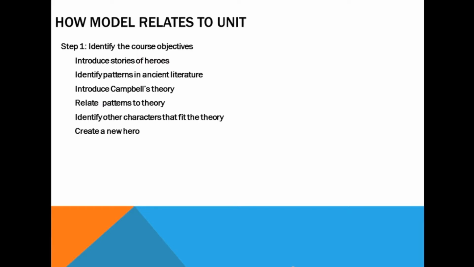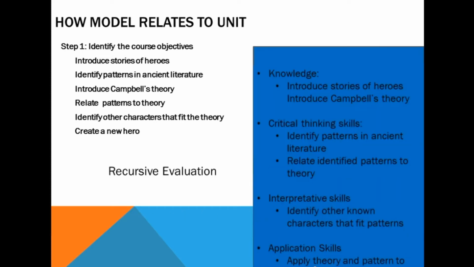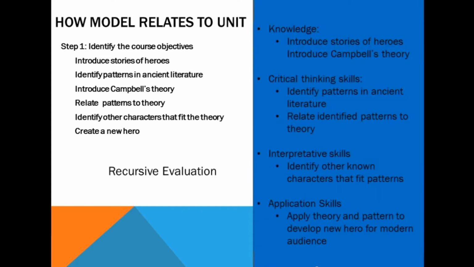So as I applied the model to the unit, my first step was to identify the course objectives, and I listed these off pretty simplistically as seen here. Upon evaluation, though, I recognized that this list could be improved upon by a reorganization and a presentation of not only objectives, but of specific skills. So now we break it down into the knowledge that I expect the students to learn, the critical thinking skills, the interpretive skills, and finally the application skills.